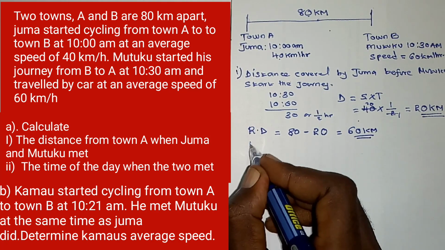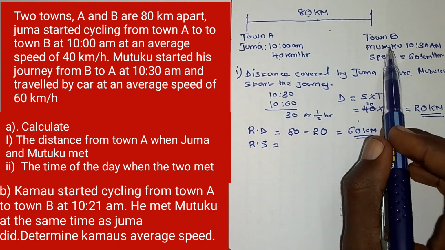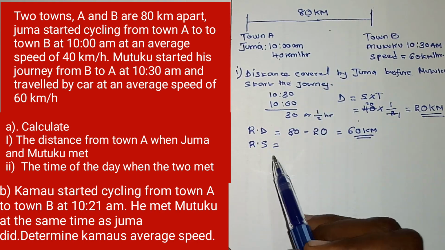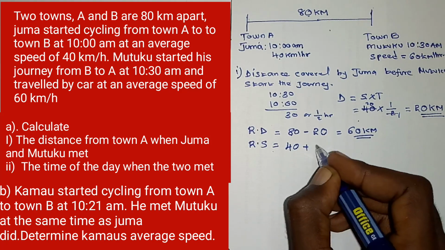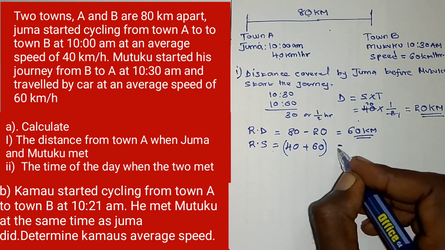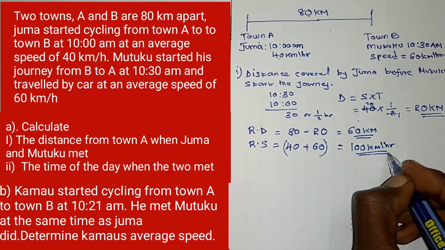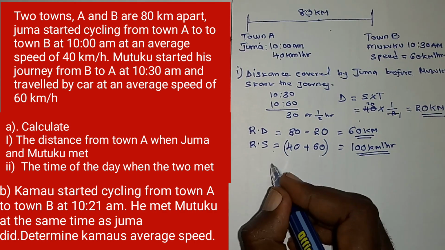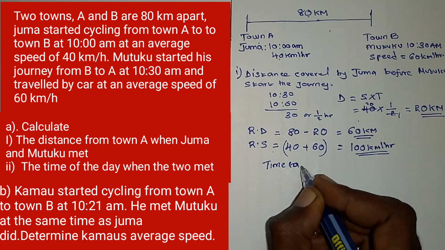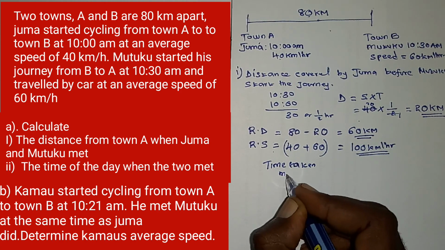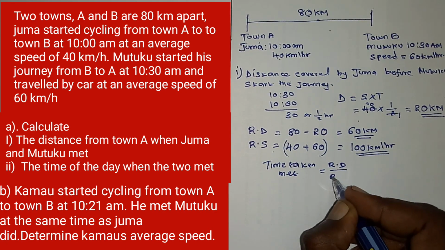Let us calculate the relative speed. Juma and Mutuko are approaching each other. Therefore, to get relative speed, we add their speeds, which is 40 plus 60, and we get 100 kilometers per hour. Then, let us get the time taken to meet, which is relative distance over relative speed.